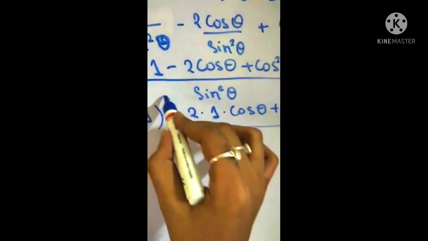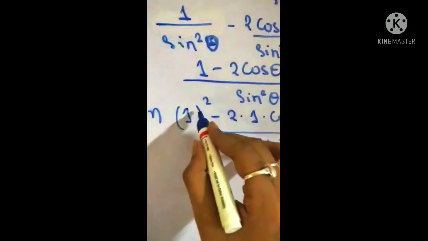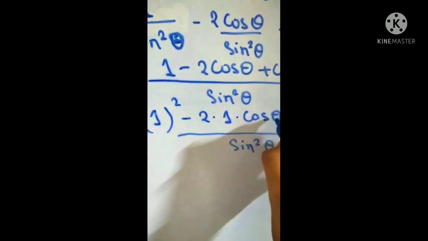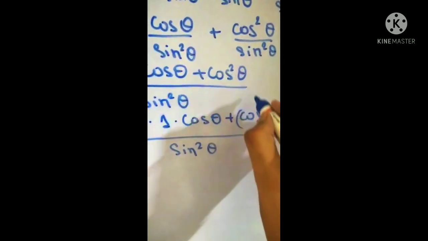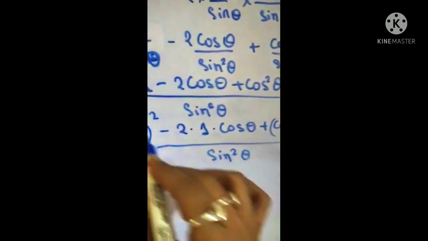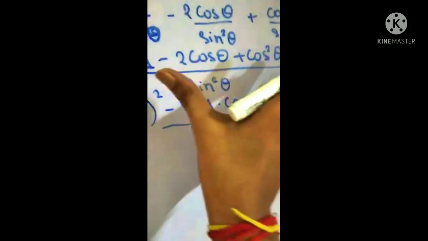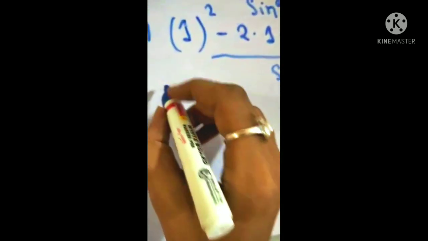This expression is in the form a square minus 2ab plus b square, by sin square theta.